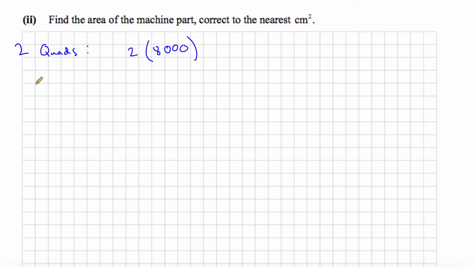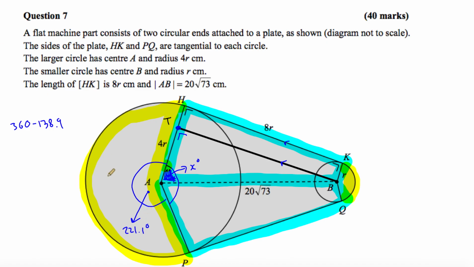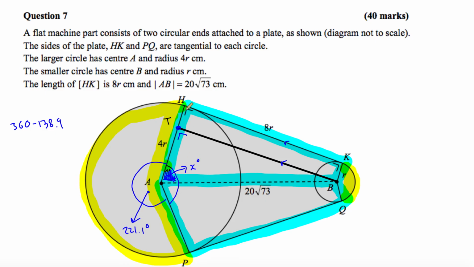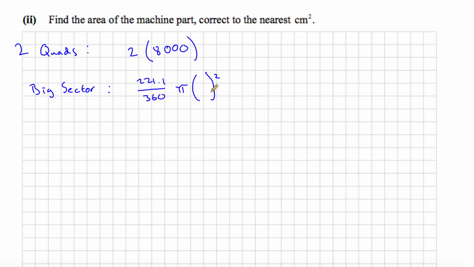For the big sector that I just looked at, it's going to be 221.1 out of 360, that fraction of a circle, which will be pi by the radius squared. So what is the radius of that big circle? The radius of that big circle is 4 OR, and OR was 20, so that's going to be 80.